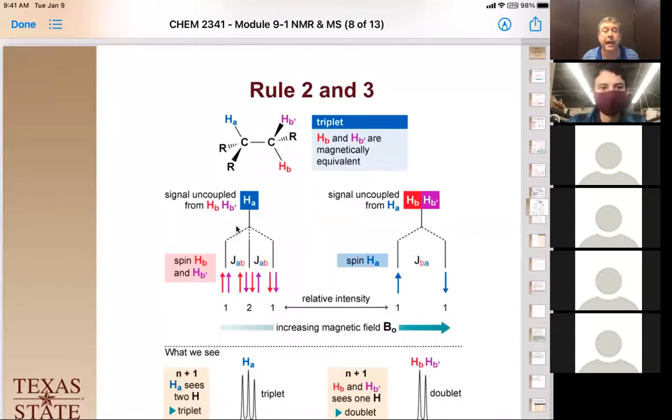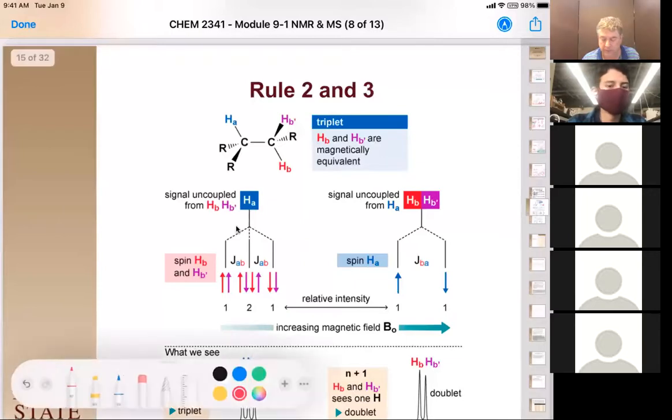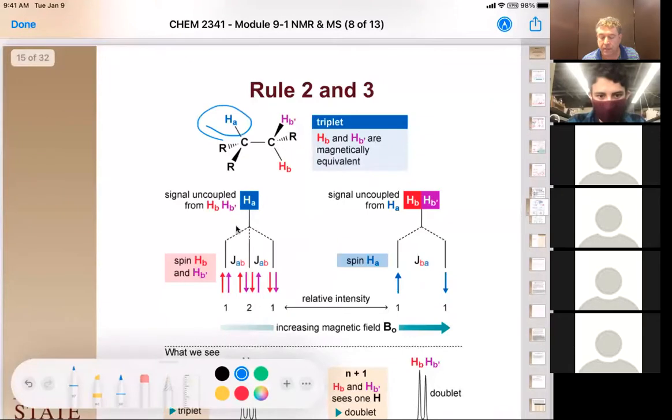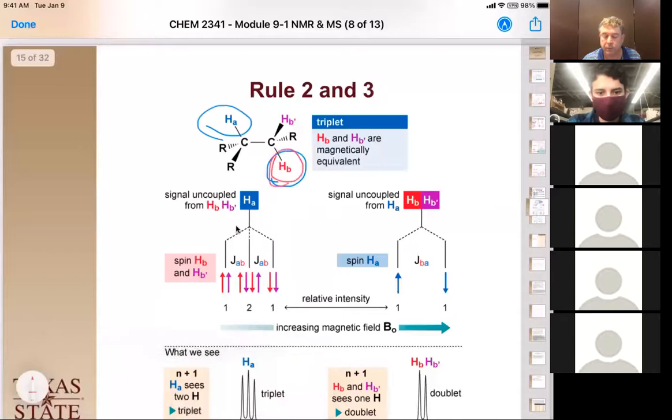So let's look at that in this particular case right here. We have one hydrogen, our A hydrogen, and then we have what we call a B hydrogen, and we need to see if this second hydrogen is magnetically equivalent or not. So we're going to call that hydrogen B prime, just to see.